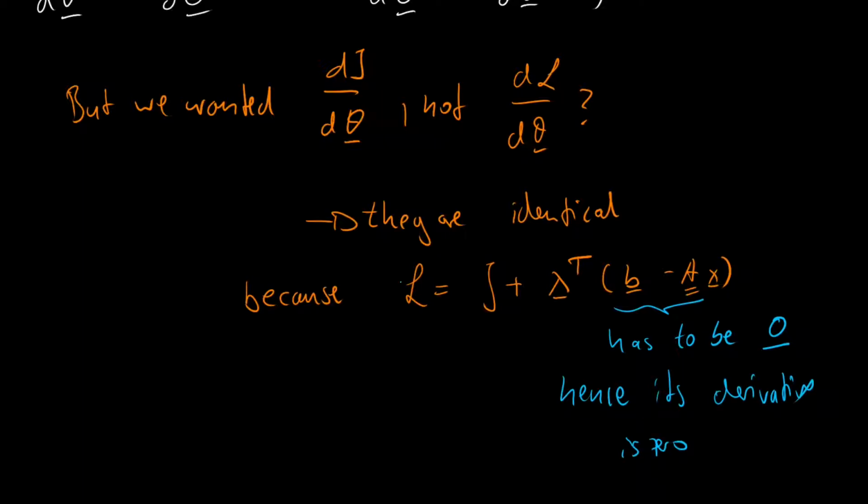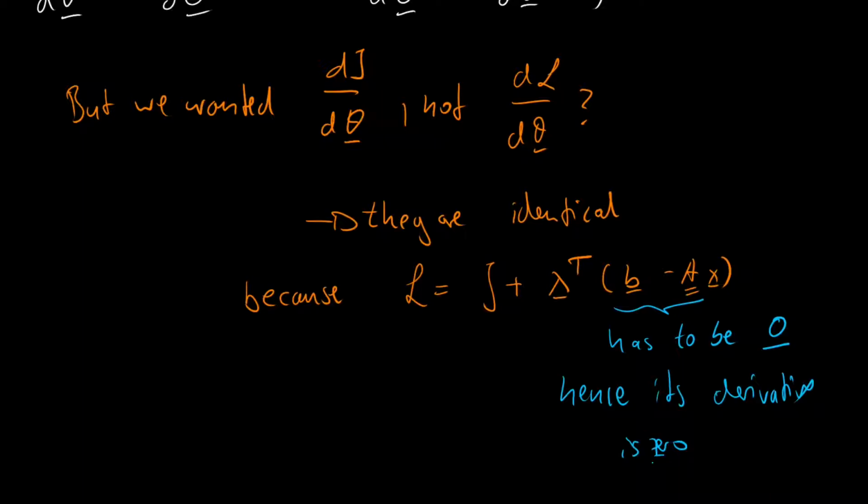Because you have to think of L as a nested function of theta. And whatever theta you choose, this linear system will always be 0 because it defines how we get the x, because the x is the solution to this linear system. And due to the fact that at every theta that we could potentially choose, this is 0, we also do not have any change in the value.